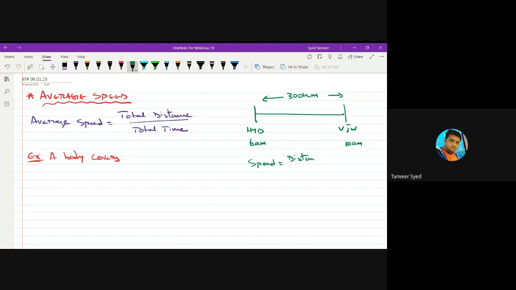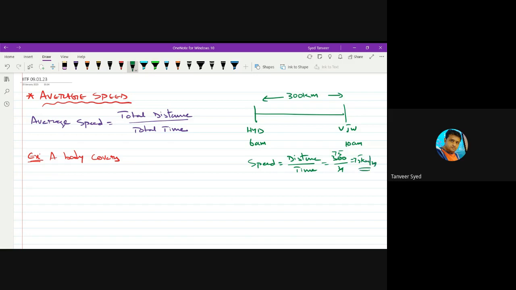Speed is distance by time. Distance is 300 kilometers, time is 4 hours. So 4 sevens 28, 75. 75 kilometer per hour is your speed.